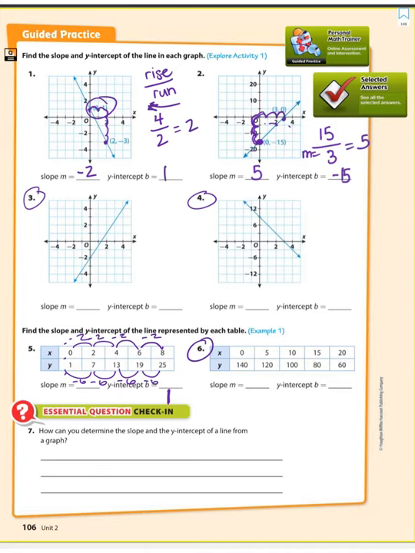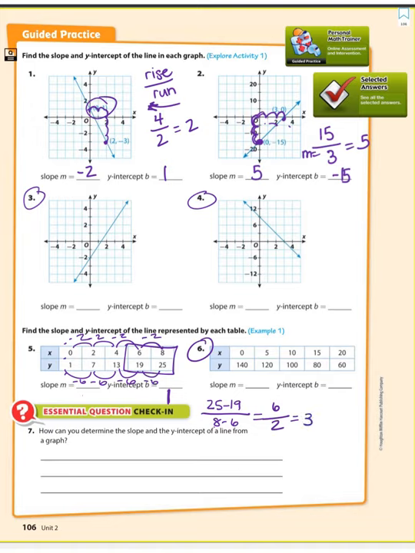And so we can do the difference in our y's over the difference in our x's. So I'm going to take these last two and do, first of all, our y's go on top. So 25 minus 19 over 8 minus 6. 25 minus 19 is 6. 8 minus 6 is 2. 6 halves reduced is 3.